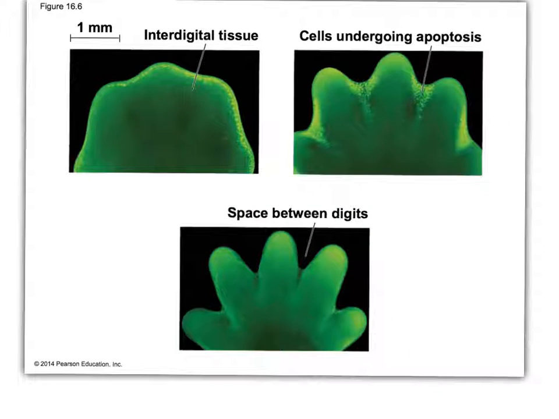This is what it looks like. Here's your interdigital tissue. The cells undergo apoptosis, leaving a space between digits 1, 2, 3, 4, 5. So the fact that you have fingers and toes and they are separate from one another is a result of apoptosis of the cells within that interdigital tissue. Okay? So it is an important process. It is not a simple process.